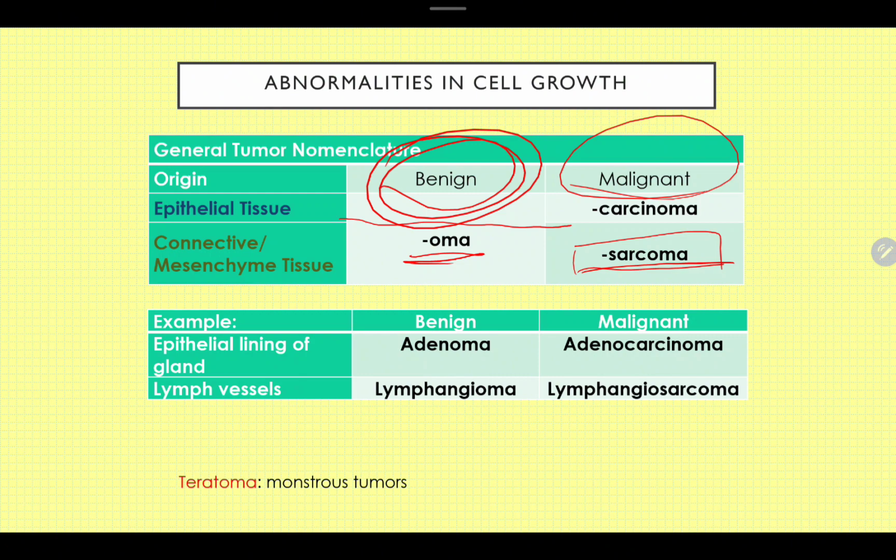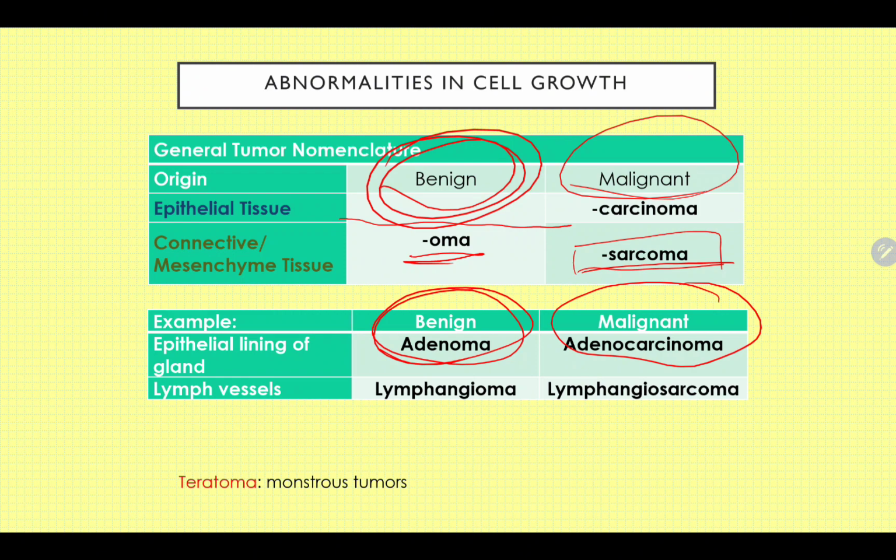Okay? So, our example here, we have the epithelial linings of the gland. We call them adenoma if the tumor is benign. We also have what we call adenocarcinoma if malignant. If the lymph vessels are affected, we term that as lymphangioma. We also have the lymphangiosarcoma for the malignant. Okay? Another one is what we call monstrous tumors. Monstrous tumors, that is teratoma.